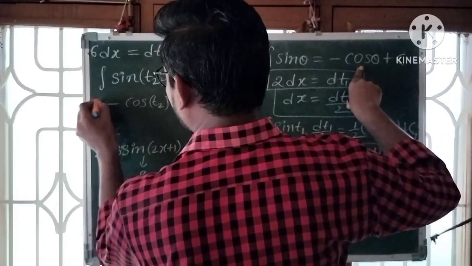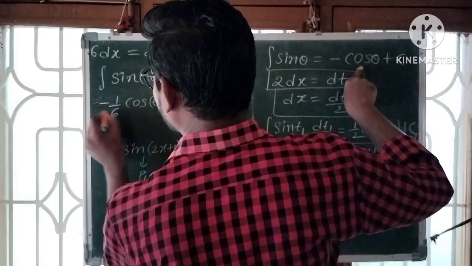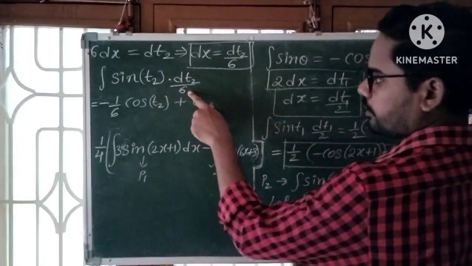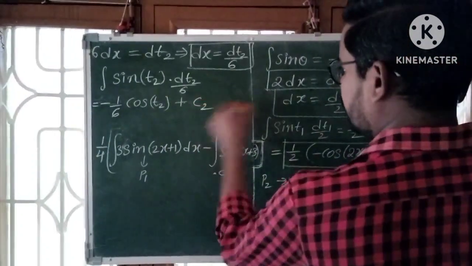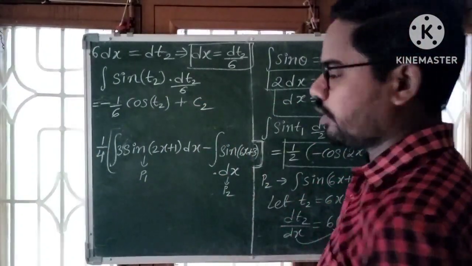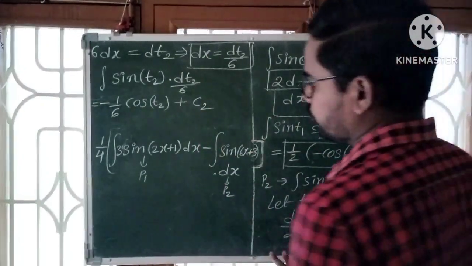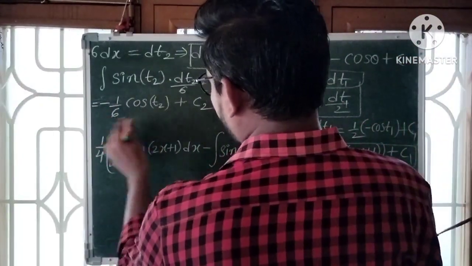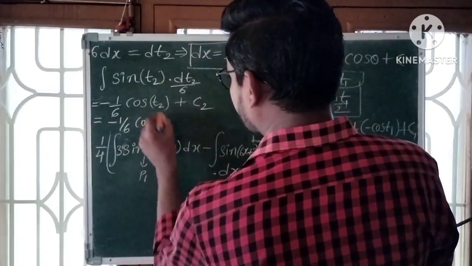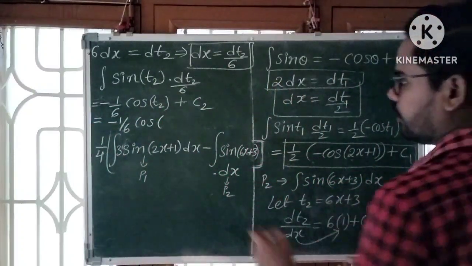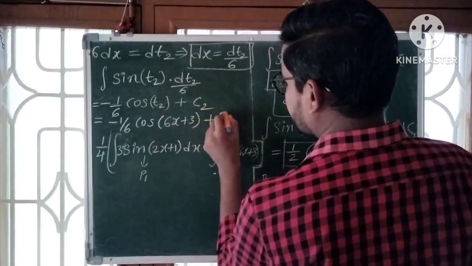Of course, here we have 1/6, a constant in the denominator. So minus 1/6 cos t2 plus some constant c2. When we apply integration we get some constants: here c1, here c2. At last, t2 is equal to 6x plus 3, so minus 1/6 cos of 6x plus 3 plus c2.